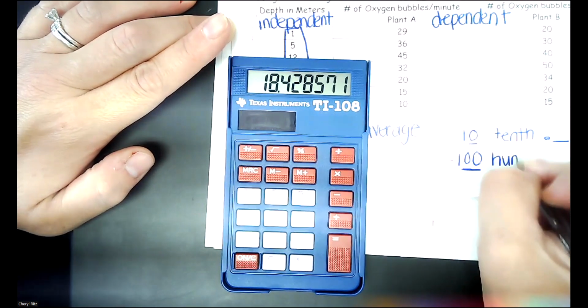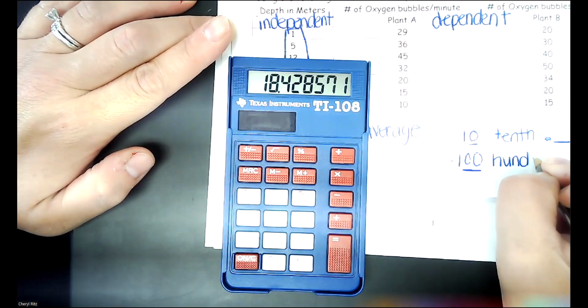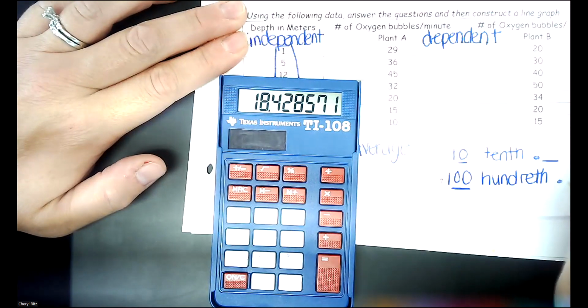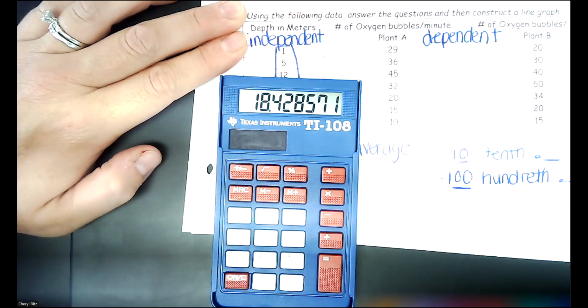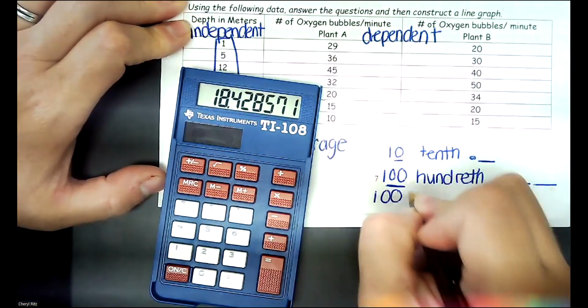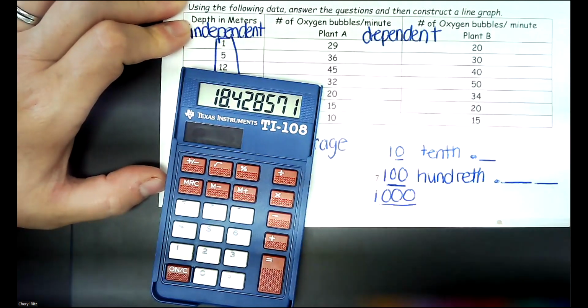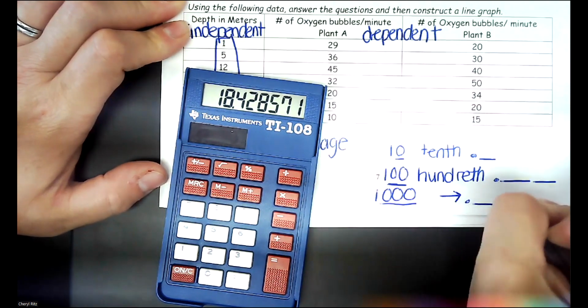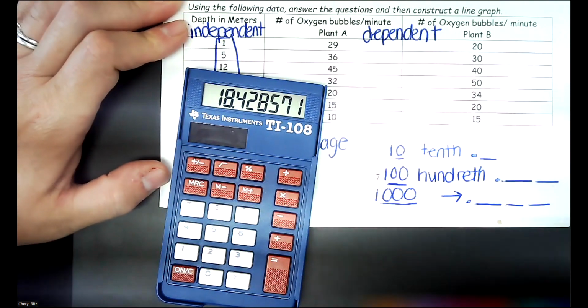So that's the 100th. I probably spelled that wrong. That means there's 2 numbers after the decimal point. And the other one we're going to do this year is 1,000. So if there's 3 zeros in 1,000, thousandth has 3 numbers after the decimal point.